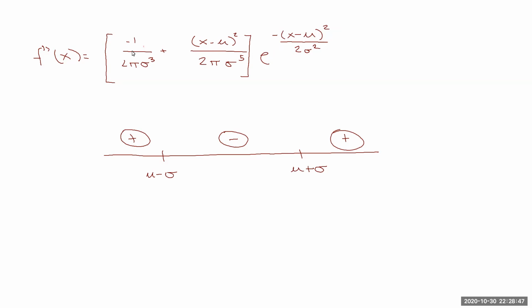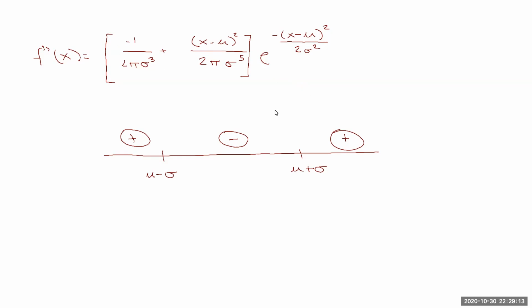It only really depends on this inner function here. And if you look, negative 1/2 pi sigma cubed is just a constant. This here is actually a polynomial because 2 pi sigma to the 5th is just a constant. This is in particular a parabola.